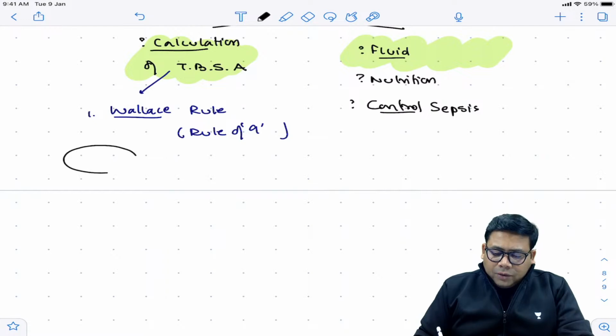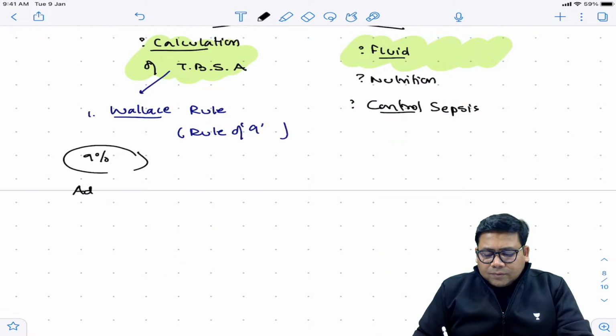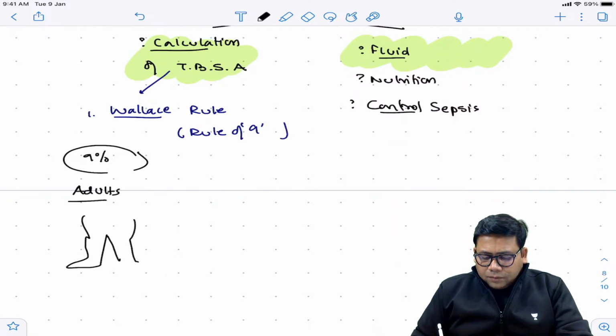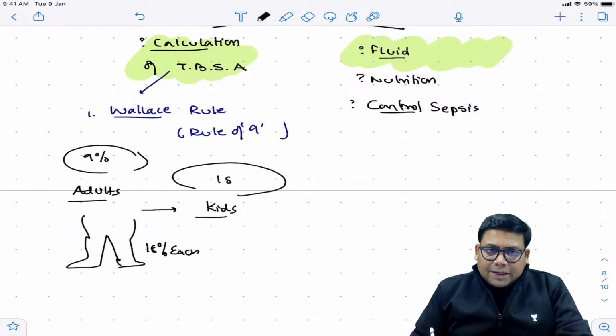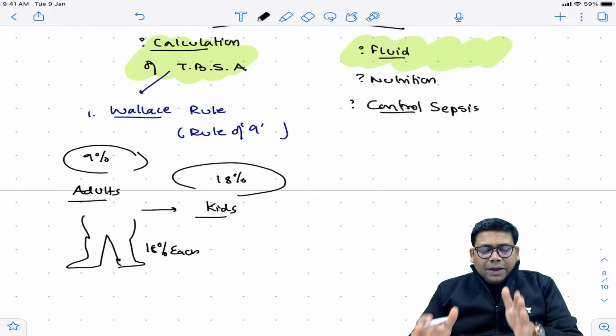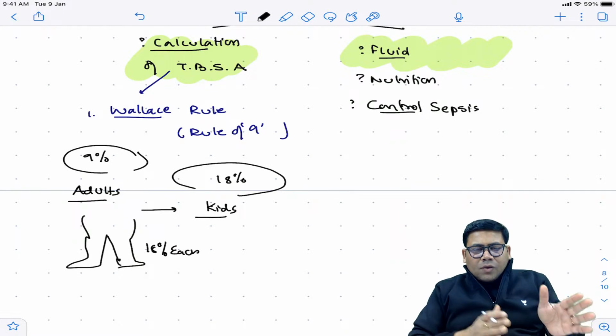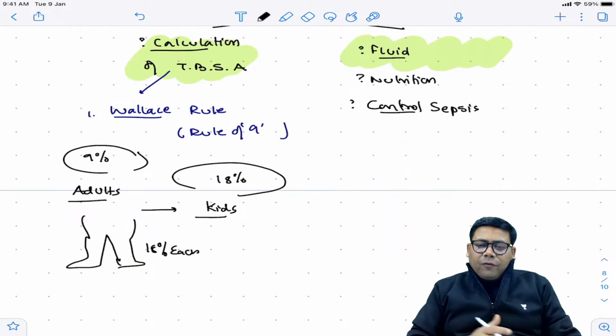But the only thing that you need to understand is 9%. When you talk about adults, this is 9. And the legs are given 18% each. When you transit from adult to a kid, the head takes 18% now, and then the lower limb, which was 18% each, has 4.5 deducted.